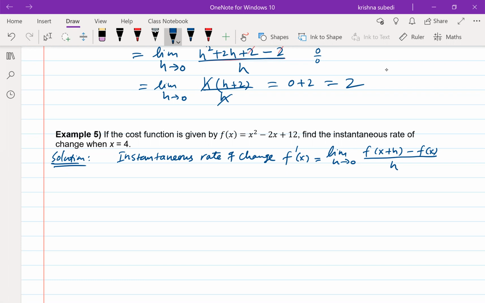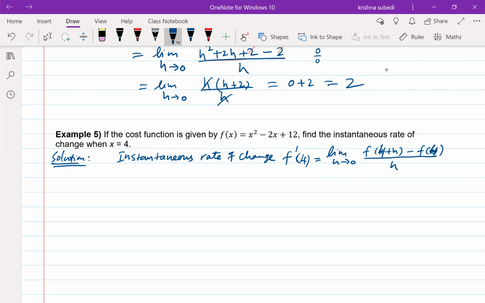Because we want to find it at 4, in this case f prime of 4 equals the limit of f of 4 plus h minus f of 4 over h.